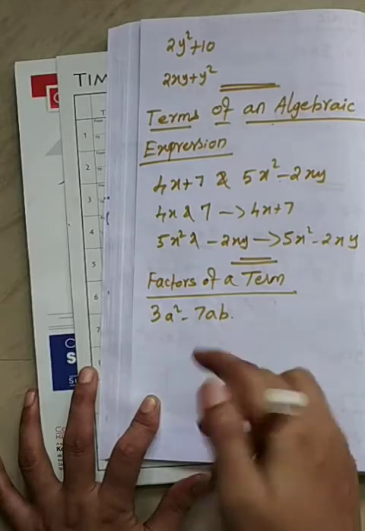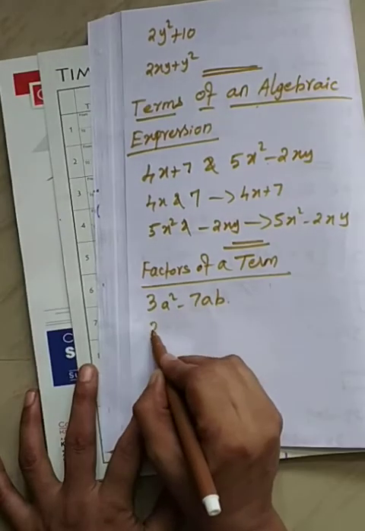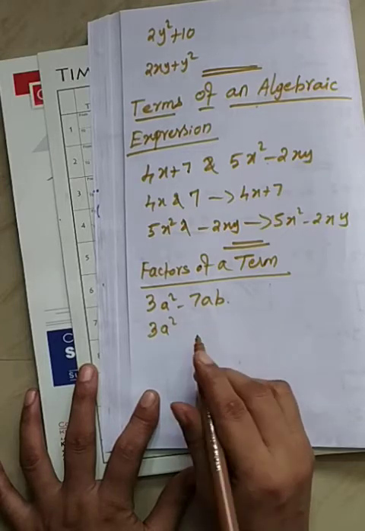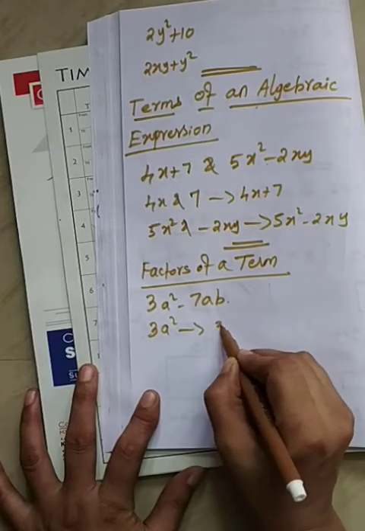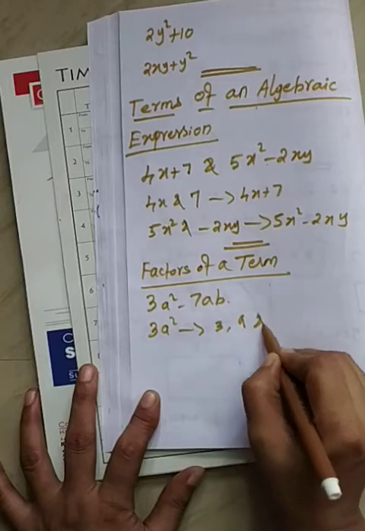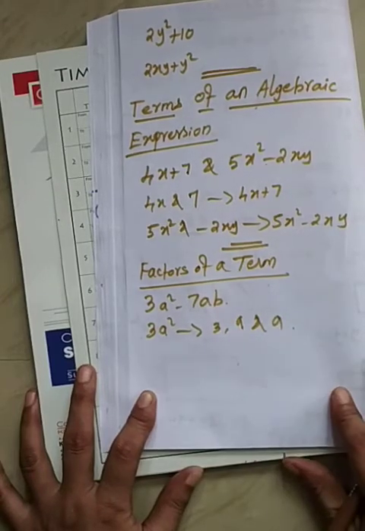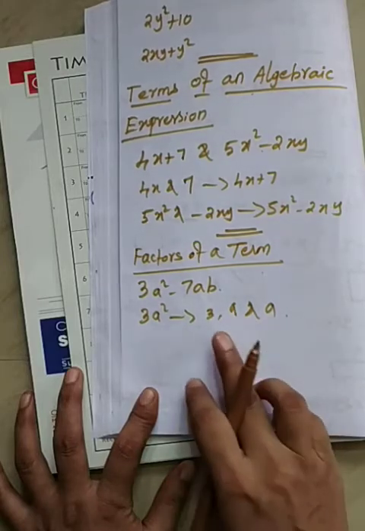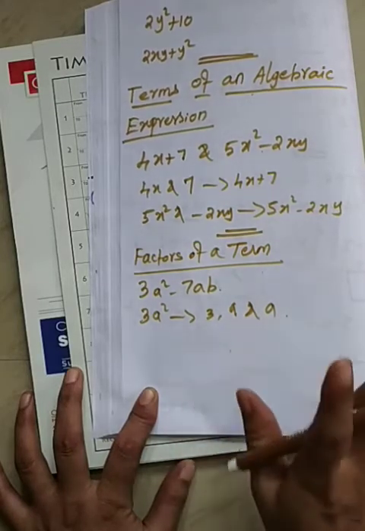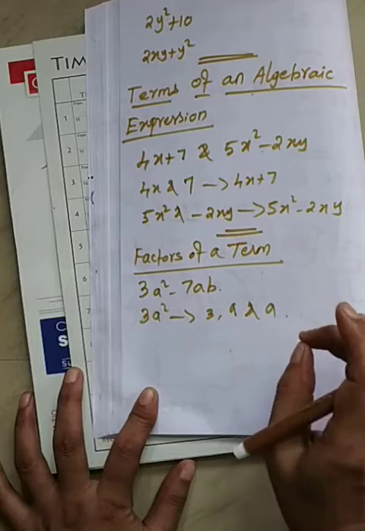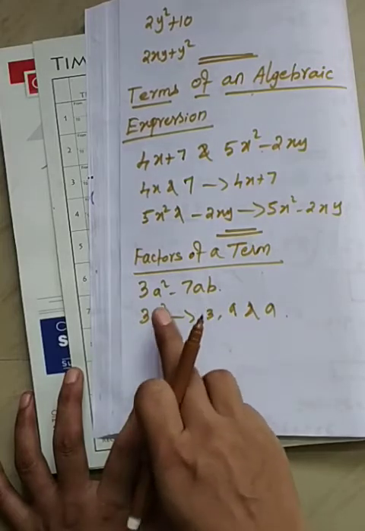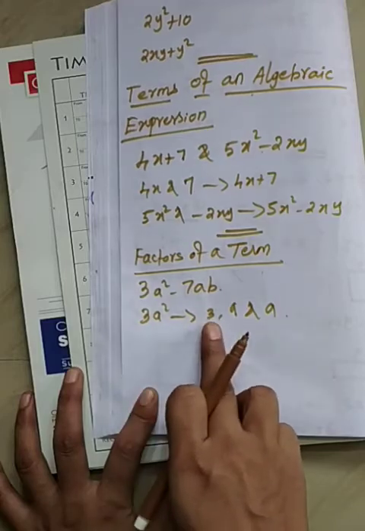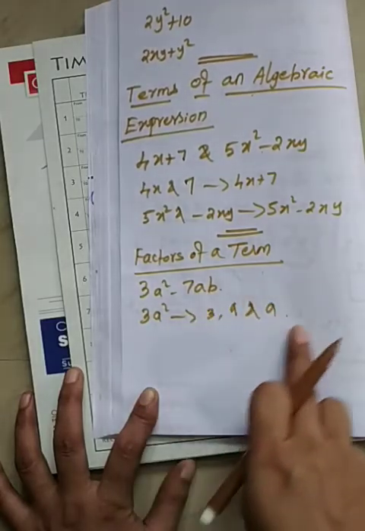The term 3a squared is obtained by multiplying 3a and a. So we can say that 3, a, a are the factors of the term 3a squared. That means 3a and a, these are all the factors.